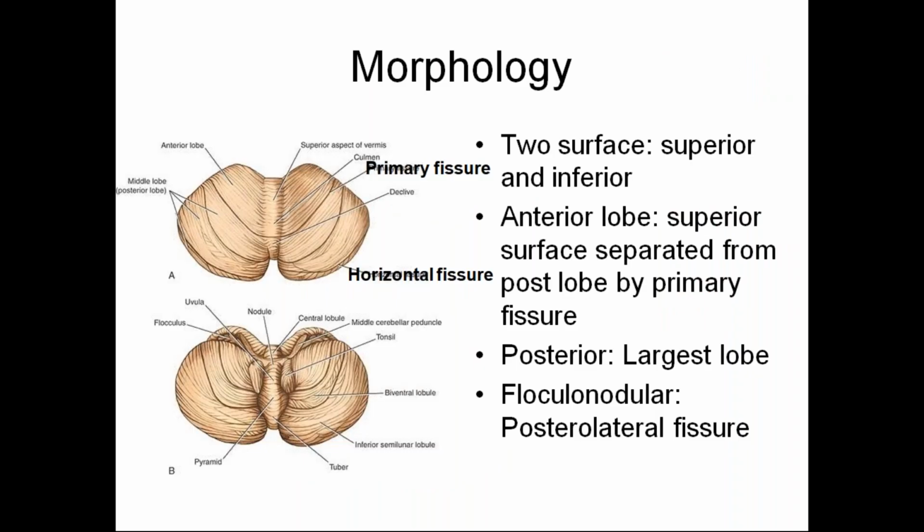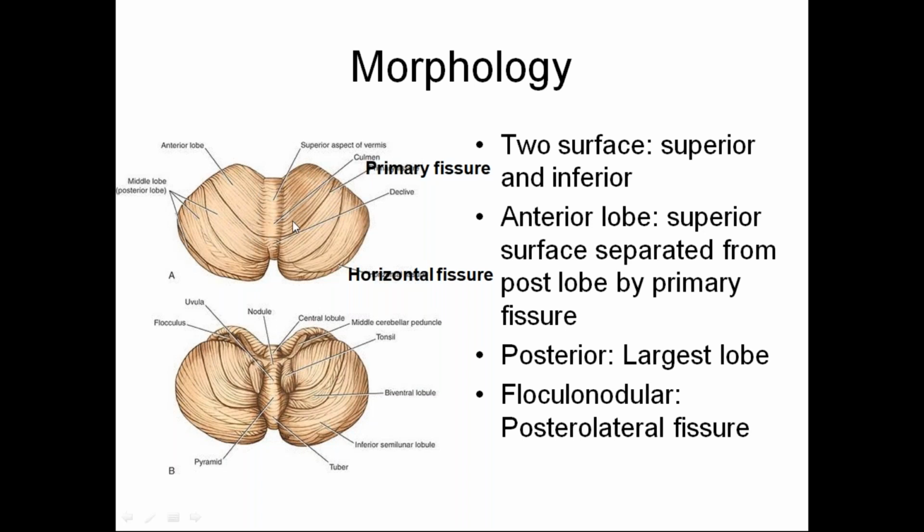So now let's look at this. Here I have mentioned this. This is the horizontal fissure between the superior and inferior surfaces. So the morphology of the cerebellum is that it has two surfaces, a superior surface and an inferior surface. This is the superior surface, almost convex, right?